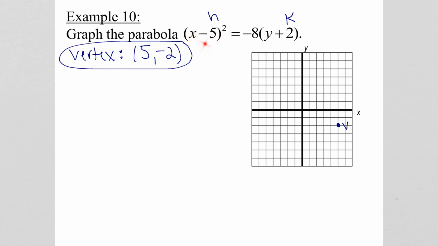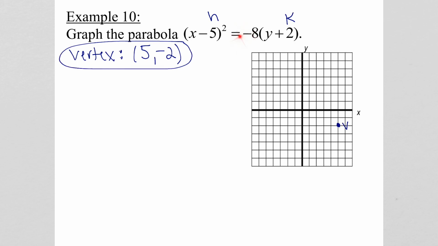Because it starts with (x - 5)^2, that tells me it has a vertical axis of symmetry, so it's going to open up or down. The way I determine that is by finding my p-value.